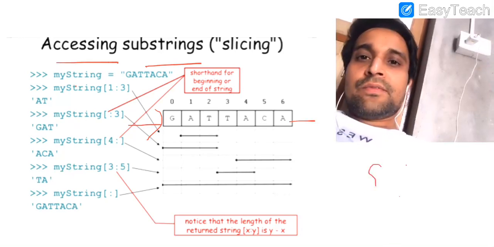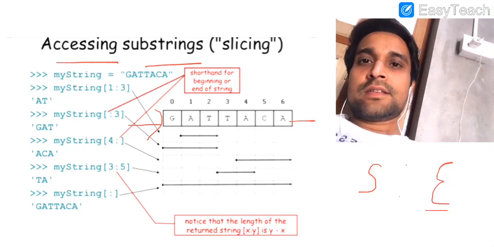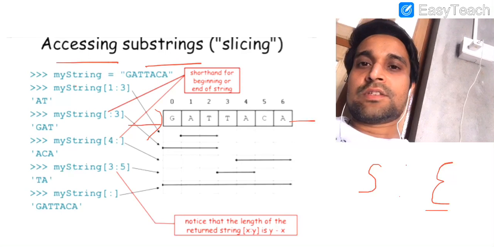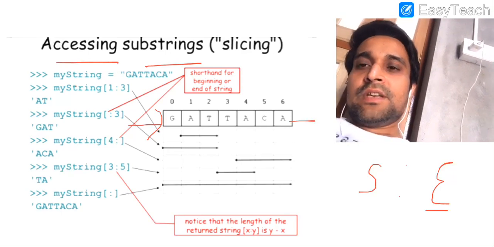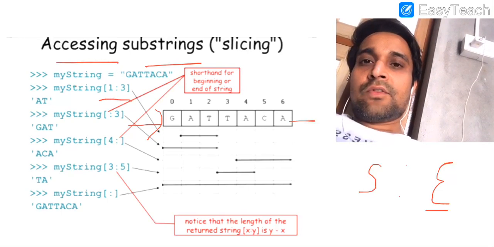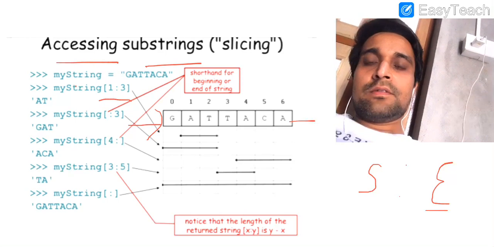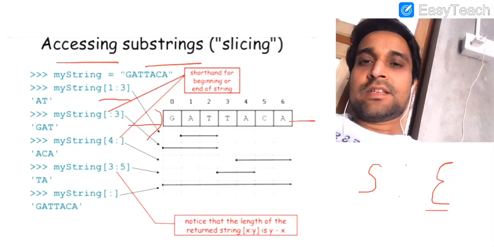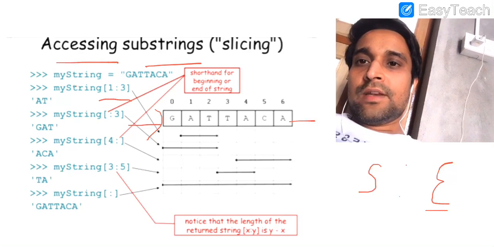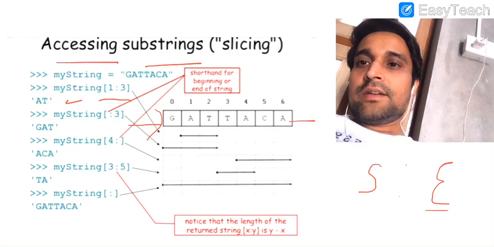Before the colon we specify the starting point, and after the colon we specify the ending. But the ending index will not be part of the slice you get. It means it will return a substring beginning from index 1 and going up to 2, because 3 will not be included in the output. At 1 and 2 the values stored are A and T, so we get a string with characters A and T.